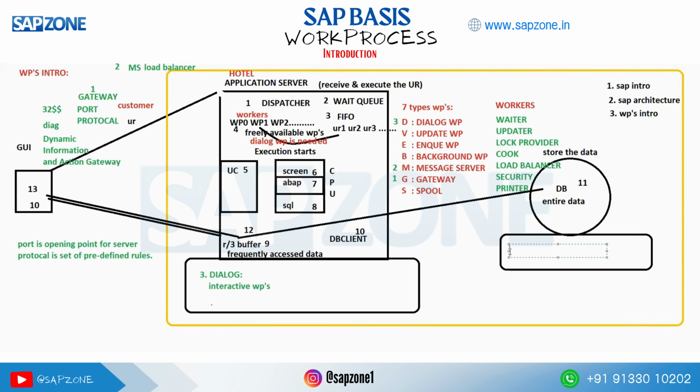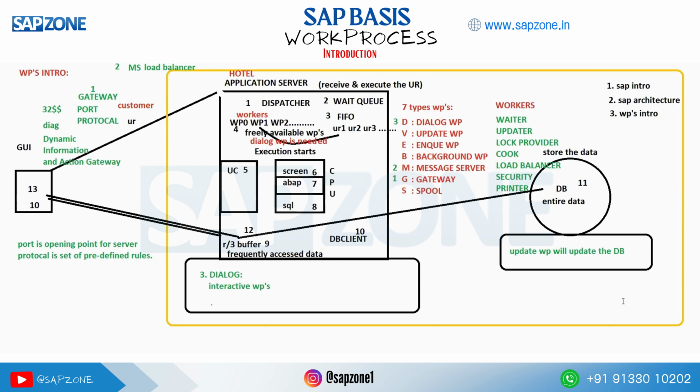Update work process. I can't give the number here. Update work process will update the database, but only after telling the dialog. When the dialog tells, by table number 10, this is the order we have given.